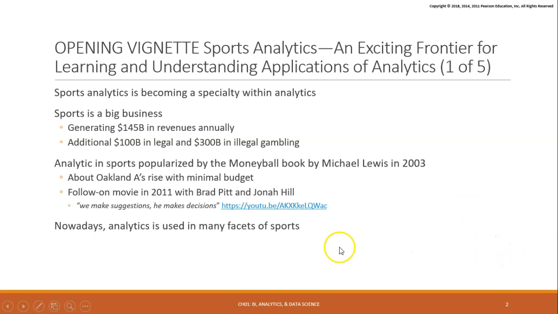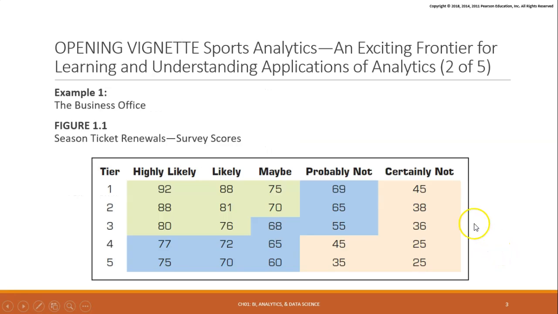But analytics is used in many facets of sports. For example, there's a story in our book that talks about the front office, and how they're looking at ways of being able to increase the number of renewals for season ticket holders. So they have 5 tiers of season ticket holders.